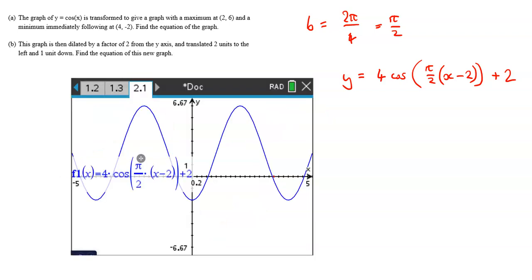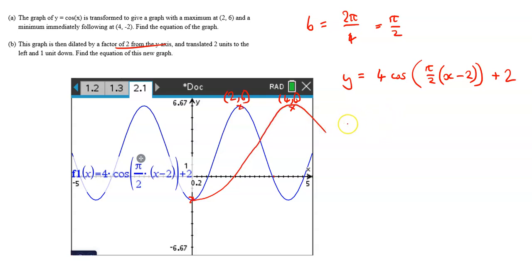Okay, I've put this graph in here so we can demonstrate what happens if we try to do things in the wrong order. So we're just going to consider dilating this graph by a factor of 2 from the y-axis. That means this point here, which we said was at 2, 6, is now going to be over here at 4, 6, and this graph is going to start in the same spot, come up like that and then down.